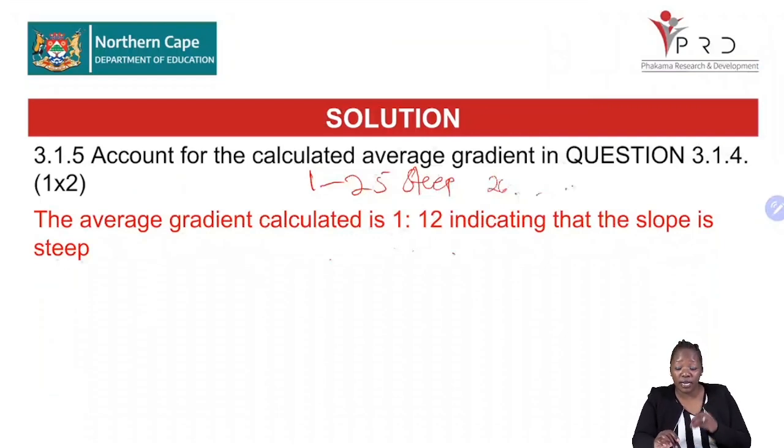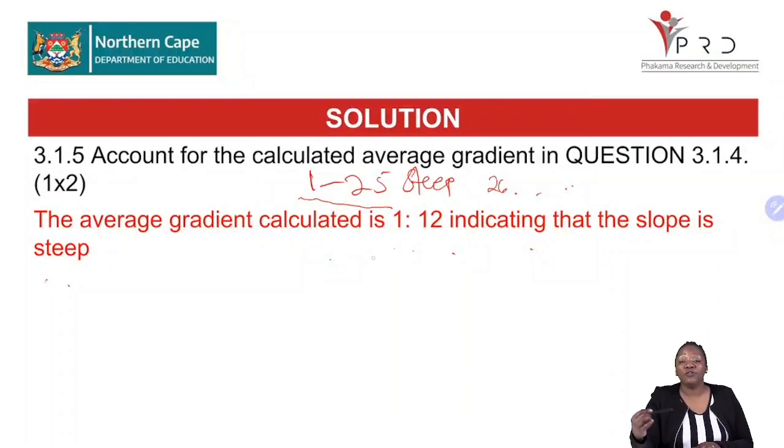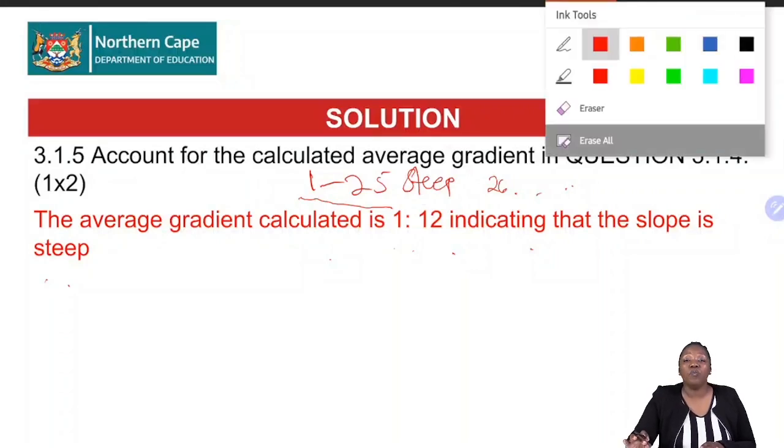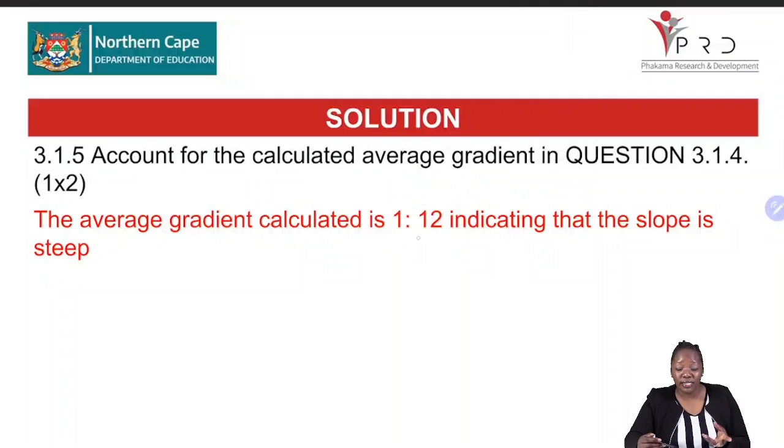You need to include the answer. And then after indicating that the slope is steep, remember between 1 to 25, your slope or your gradient is steep, and then 26 and above, then your gradient is gentle. So that's how you get those 2 marks, by indicating the calculated gradient is the answer, and then indicating whether it is a steep slope or a gentle slope.